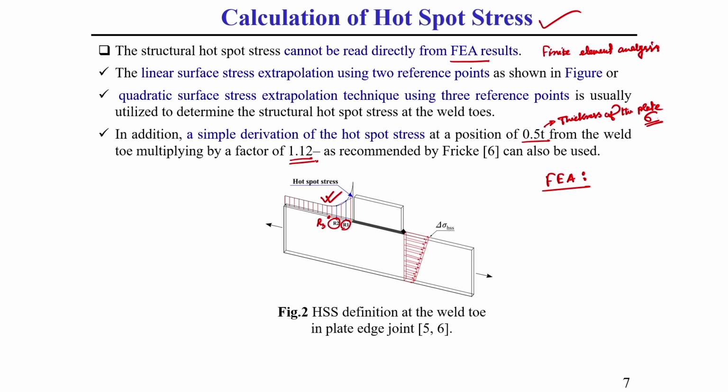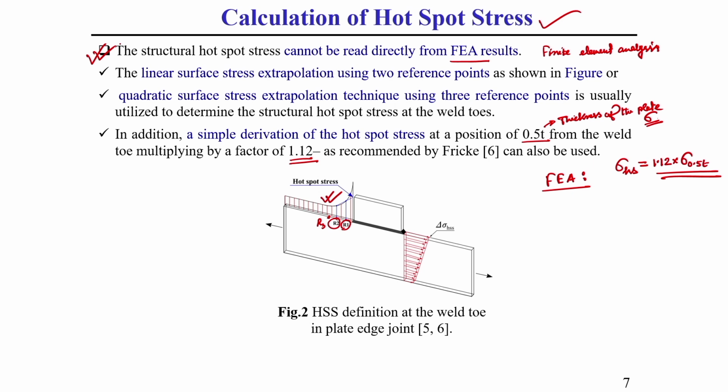Based on this multiplication, whatever stress value we get, that is called hot spot stress, HS I am writing. So, a simple method used is 1.12 times sigma at a location of 0.5 T. This is also a very simple method which we use from the FEA result.